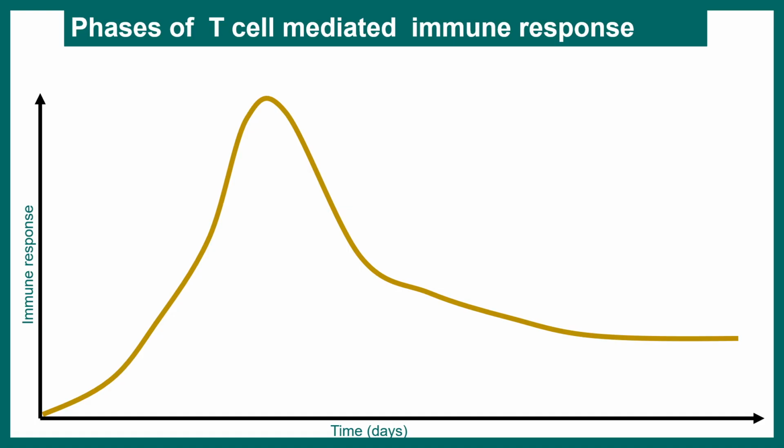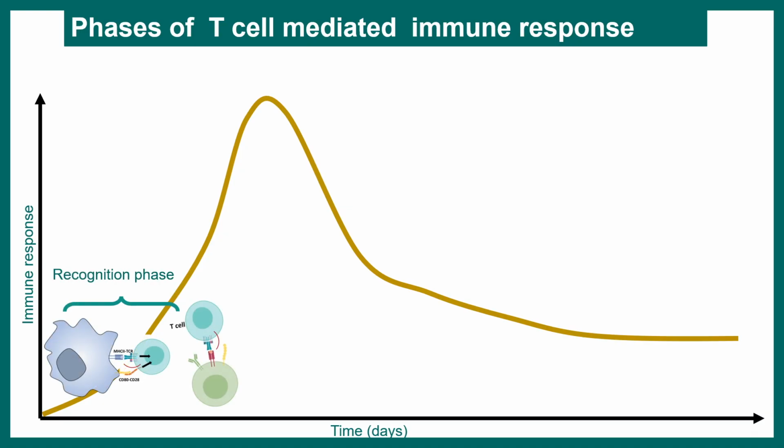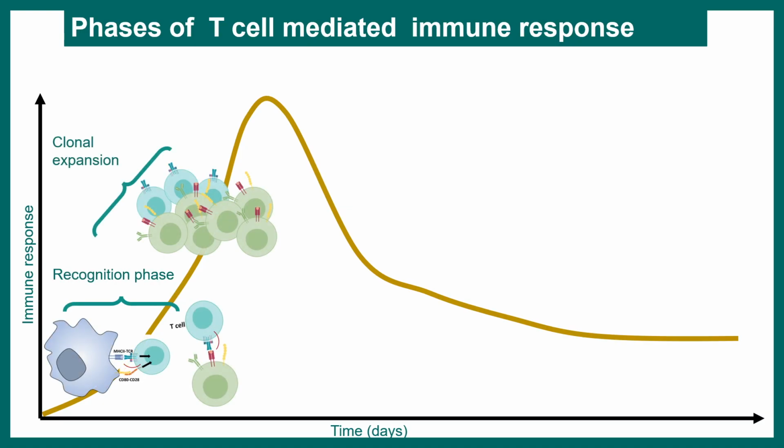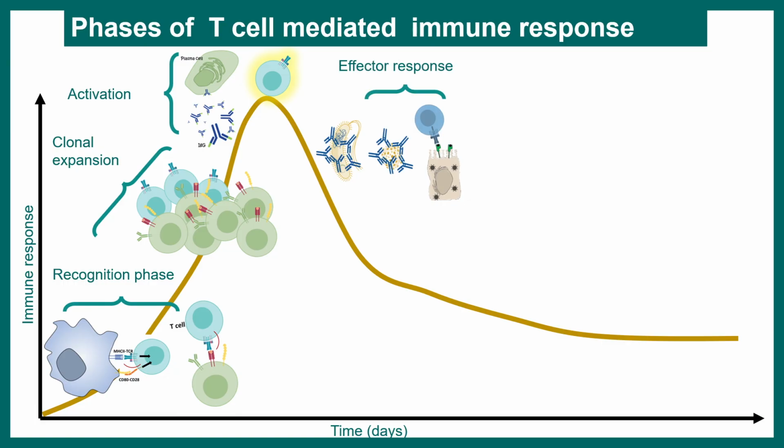In order to understand memory T cells, we have to understand the phases of the T cell mediated immune response. First, there is a recognition phase, then there is a clonal expansion phase where the T cells or a subtype of T cells expand in a clonal fashion. Then there is an activation phase where the T cell is activated or gives rise to plasma cell activation. And eventually there is an effector phase where the cells are destroyed or the pathogen is eliminated.